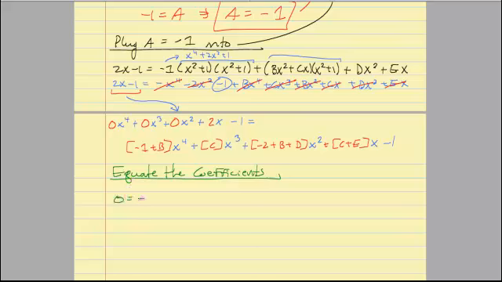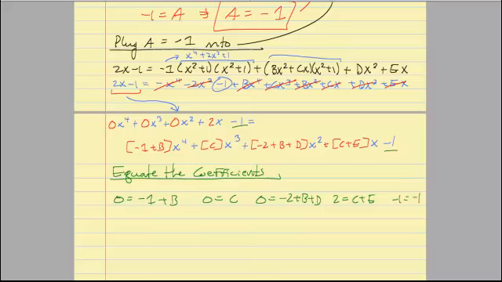So I have 0 equals negative 1 plus b. I have 0 equals c. I have 0 equals the term in front of my x squared, which is negative 2 plus b plus d. I have 2 equals c plus e. And, of course, my constants, I have negative 1 equals negative 1. I really don't need to write that, but it's a nice little check.